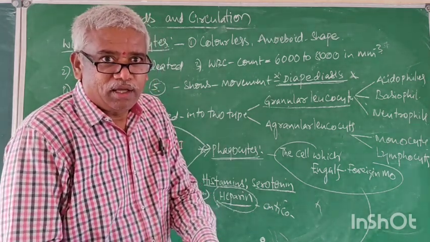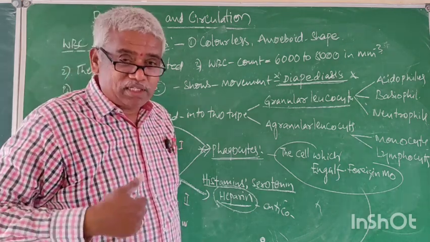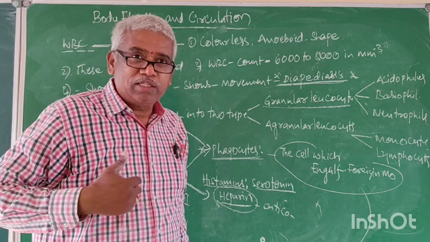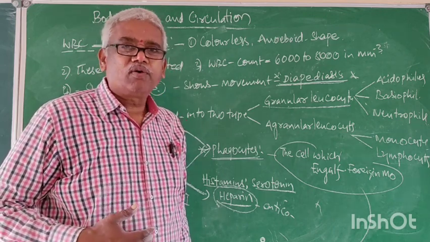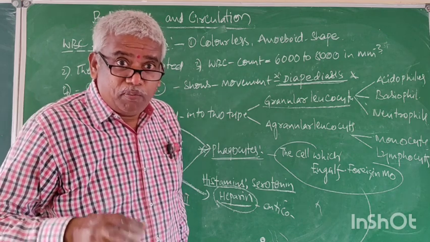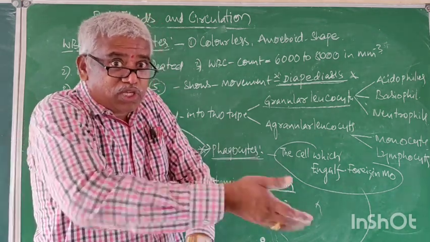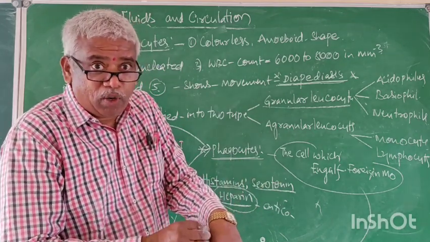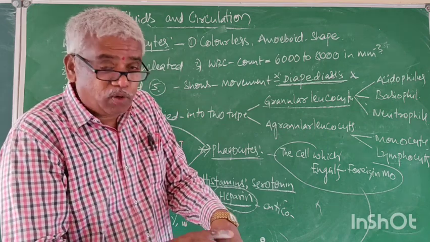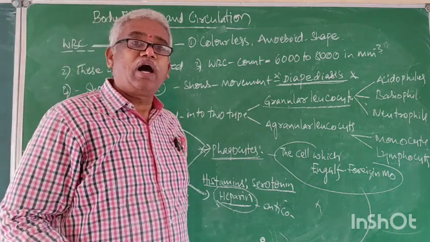This is called clotting. If the blood is inside the body, what is the state? Liquid. When there is an injury, the blood inside comes out, and after coming out it clots. That is clotting.